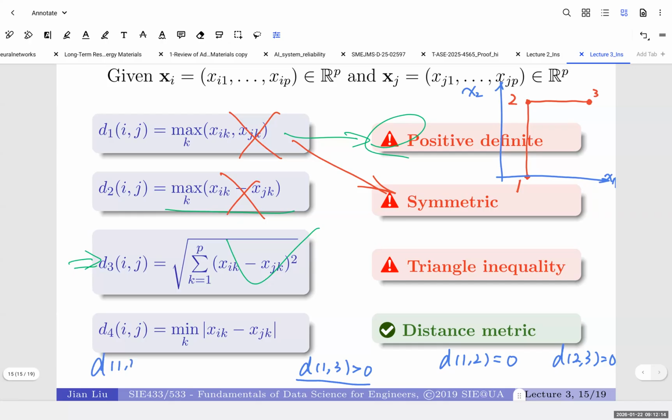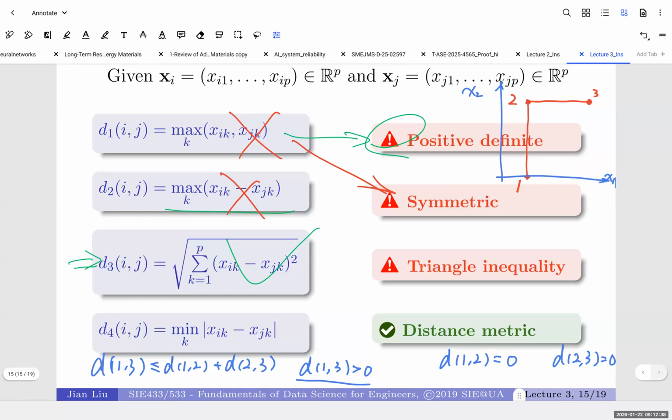D13 must be less than or equal to D12 plus D23. But here D13 is positive, and D12 and D23 summed together is 0. So it violates the triangular inequality.